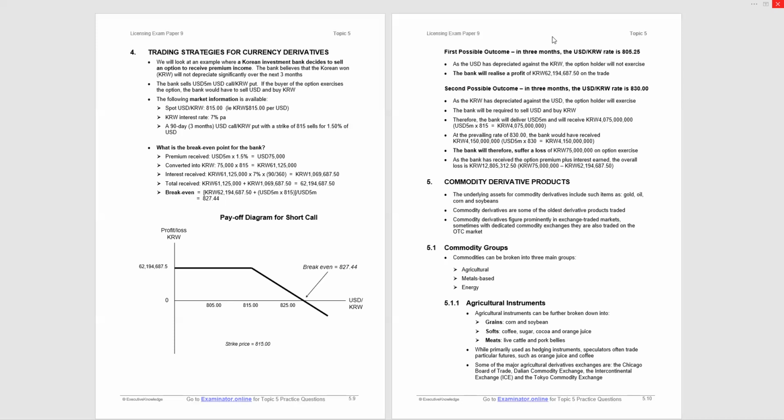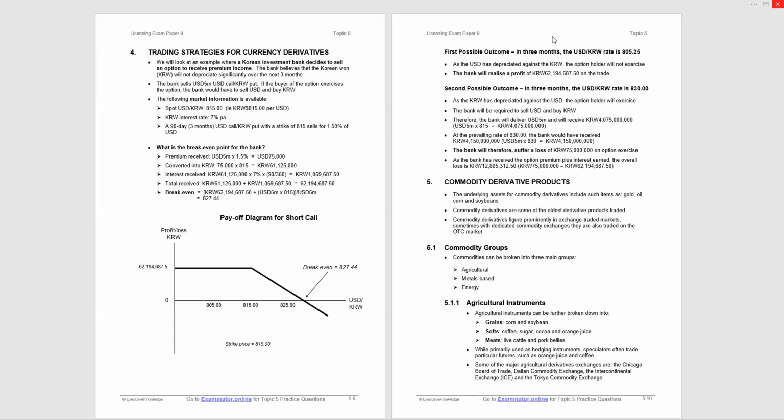Let's look at the diagram. And we can see this is a classic put where we sell the put, we receive the premium, and that is a profit for us until the price of the currency goes beyond the strike price of 815.